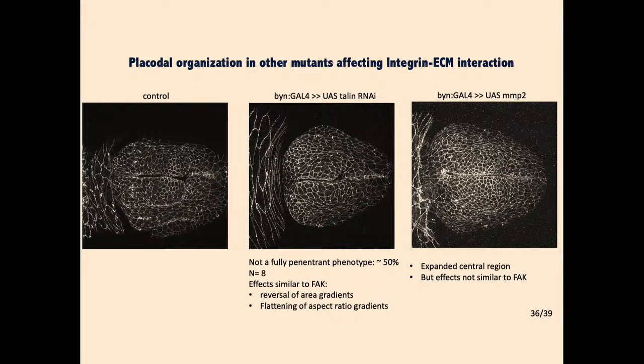So we're also looking at other ways of affecting integrin ECM interactions. Some of them look like what I just showed you. Others, where you try and degrade the matrix, look a little bit different, and we're still trying to work out what accounts for these differences.